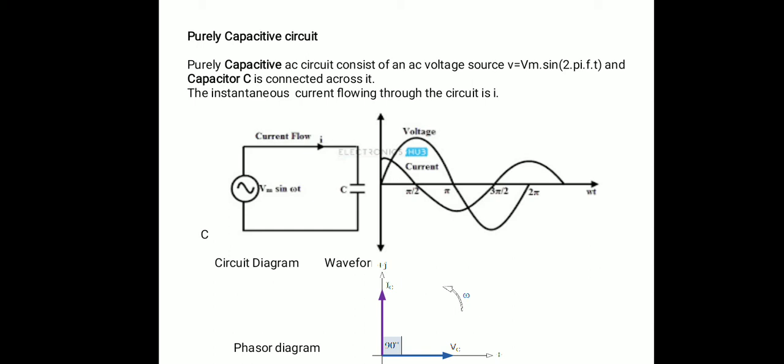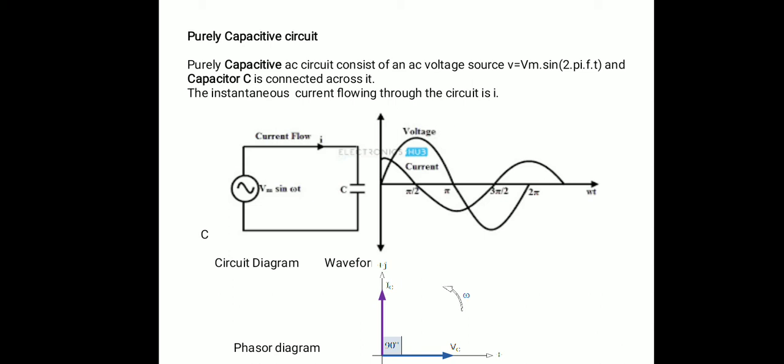On the right hand side there is a waveform, which is the voltage waveform, voltage across the capacitor, and the current waveform, which is the current flowing through the circuit or the capacitor. So in a purely capacitive circuit, current leads voltage by 90 degrees, or voltage lags current by 90 degrees, or pi by 2 radian.